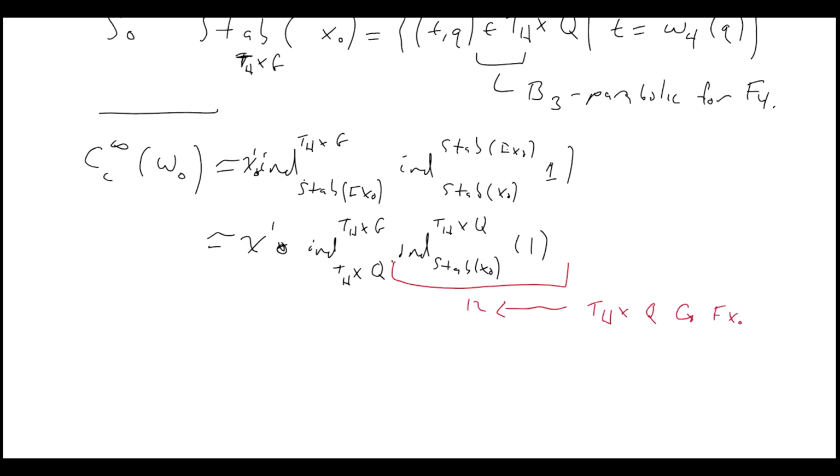And then the stabilizer of X naught is whatever that thing is above, but now we can reverse what we did before and identify this induced representation back with just the space of smooth, compactly supported functions, now realized on F cross the orbit of X naught.